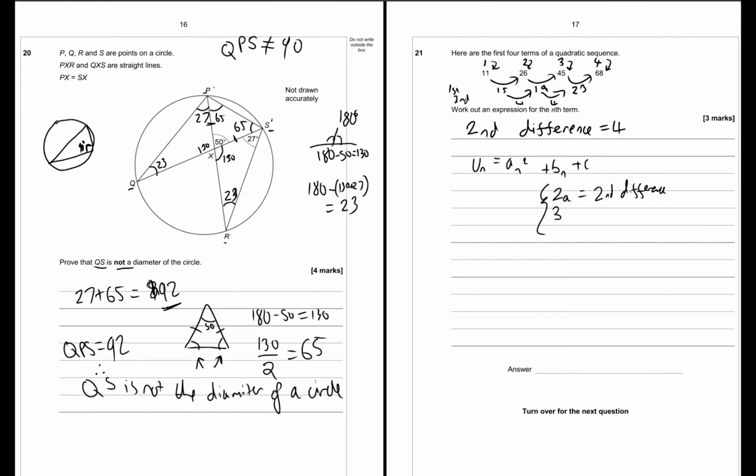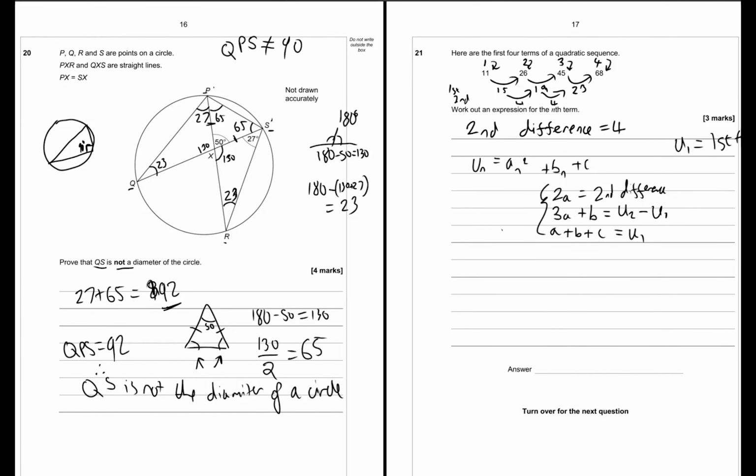That is 3a plus b equals u2 minus u1. I'll go through what u2 and u1 are in a minute. And the last equation is a plus b plus c equals u1. Okay, so what's u1 and u2? u1 is the first term in the sequence, and then u2 minus u1 is the difference between the first and the second term.